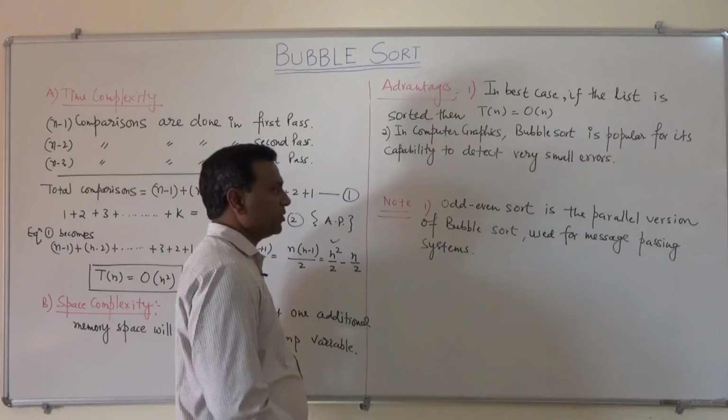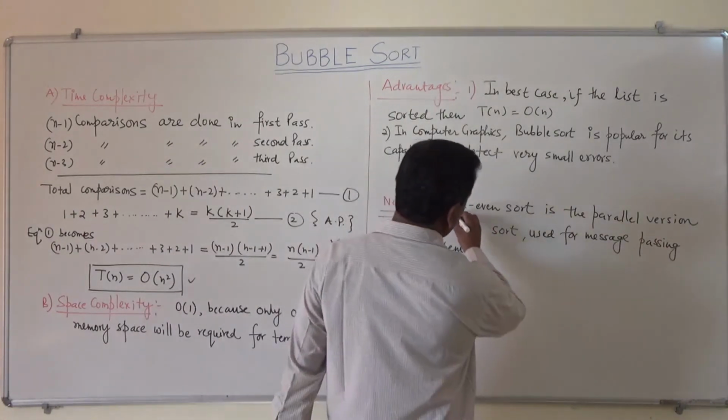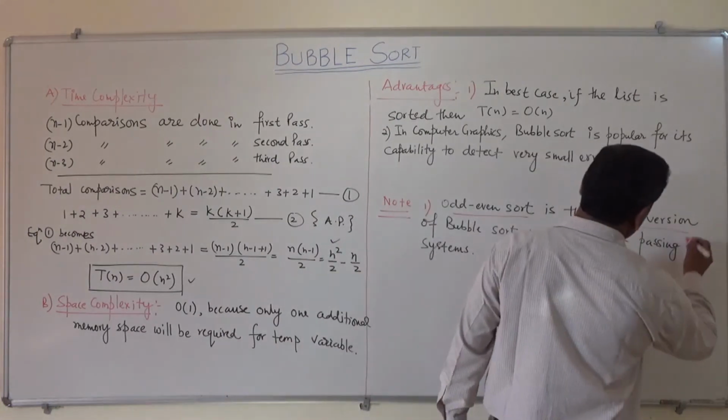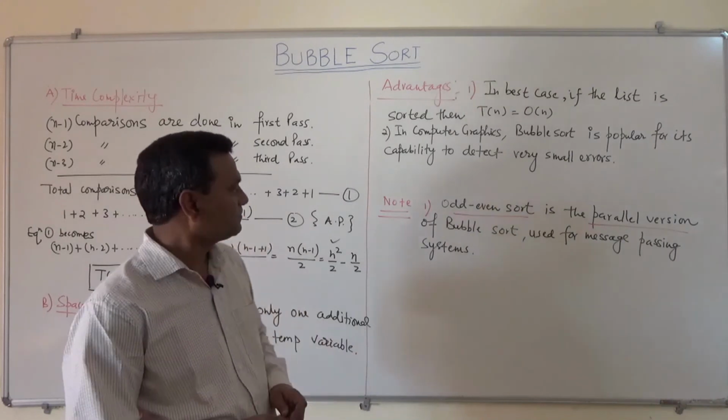So this is also very important, that odd even sort is there, which is the parallel version of bubble sort, used for message passing systems.